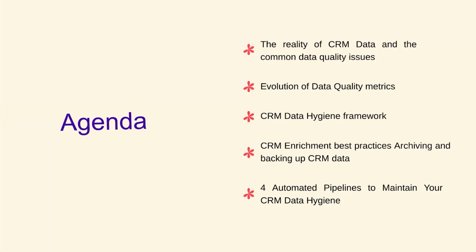Then we'll be looking at CRM enrichment best practices, how you can archive data that is no longer valuable to your CRM, and what the best practices are to back up your CRM data as well. And finally, we'll be looking at building 4 automated pipelines that are going to manage all the things that we discussed.